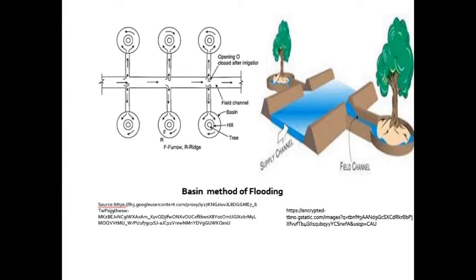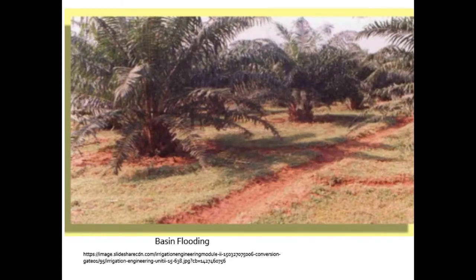For efficient irrigation, each basin has to be leveled to a grade less than 0.1% with no cross slope. It is adapted especially to flat lands. Water is filled quickly in the basin and is allowed to percolate into the soil. It is desirable for close growing crops and orchards on medium to coarse textured soil.